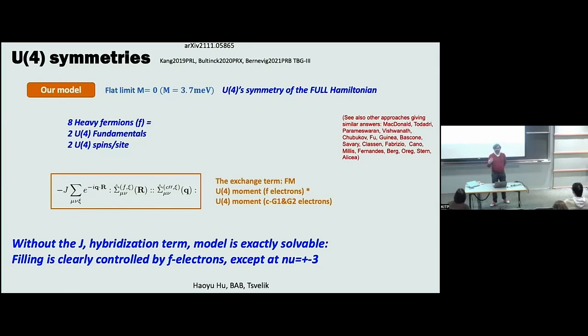So it actually commutes with the kinetic term, which is not true if I just take the Bistritzer-MacDonald model and add extra bands. That's not true here. This is a symmetry for the projected Hamiltonian.